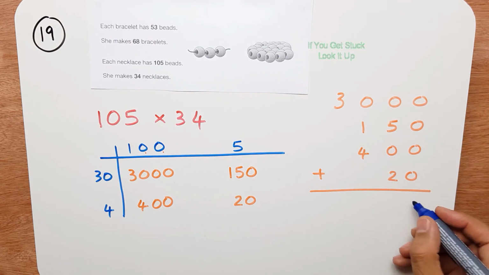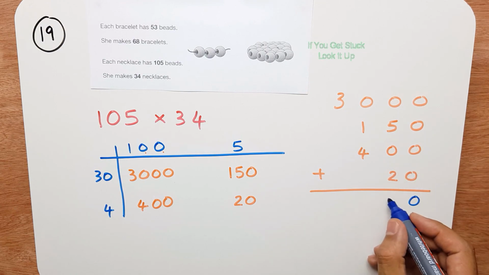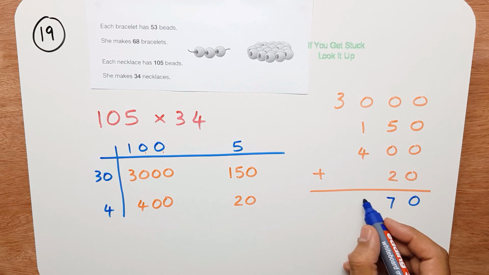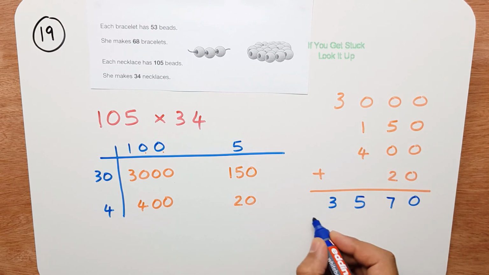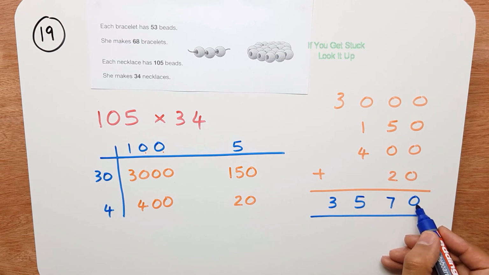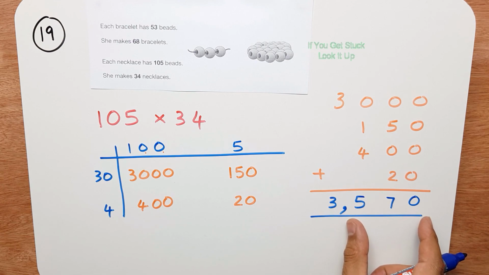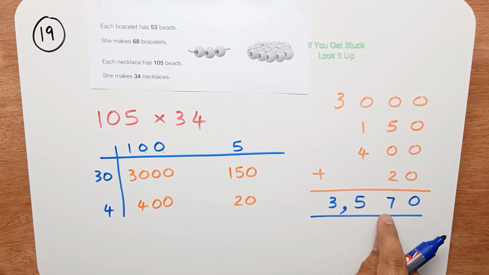The first column is 0. 5 add 2 is 7. 0 add 1 add 4 is 5. And the final column has 3. As before, 1, 2, 3, comma. So this is thousands in your head. So it's 3,570.